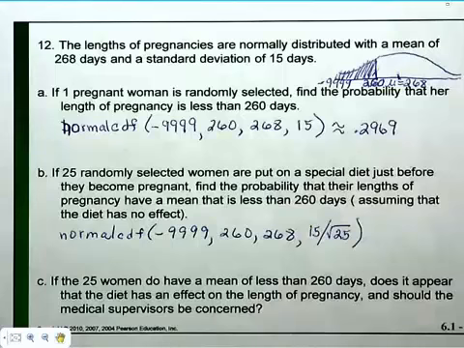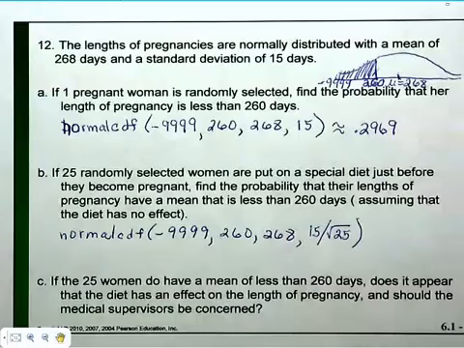Yes, ma'am? Nope, there are 3 possible things for these first 2 numbers. If you have a score and you've shaded forever to the left, you're going to use negative 9999 up to that score. If you have a score and you've shaded to the right, you're going to use that score first.